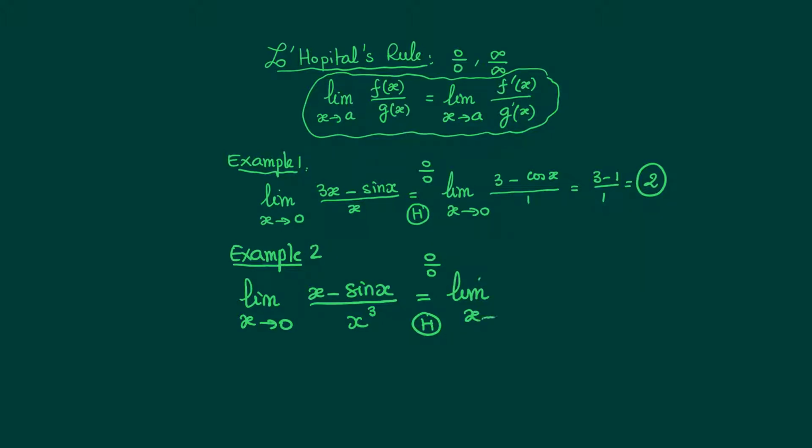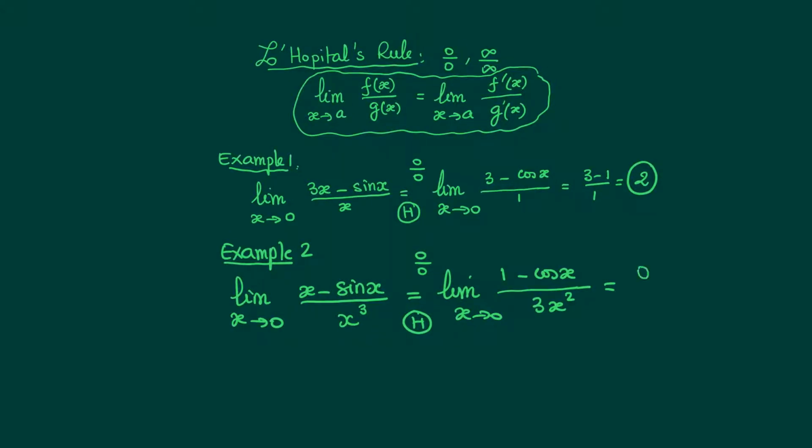which will then give us the derivative of the numerator, 1 minus cosine x, over 3x squared. And with a substitution, cosine 0 is 1, so it's basically 1 minus 1, which is 0 over 0.